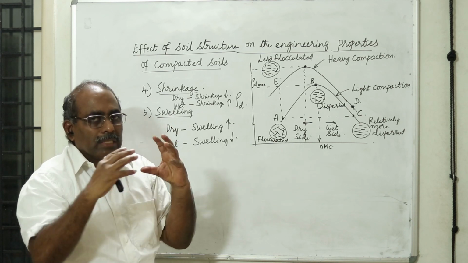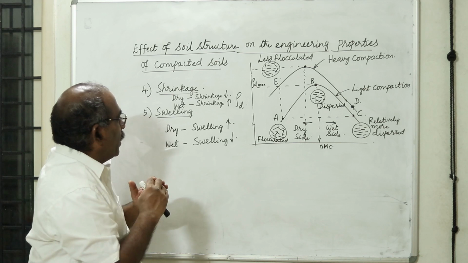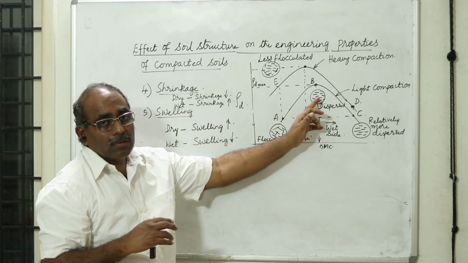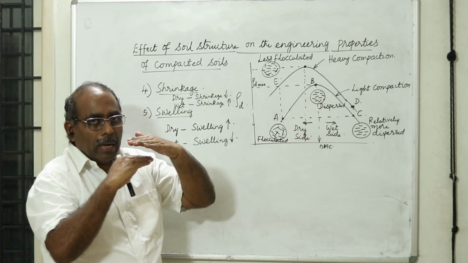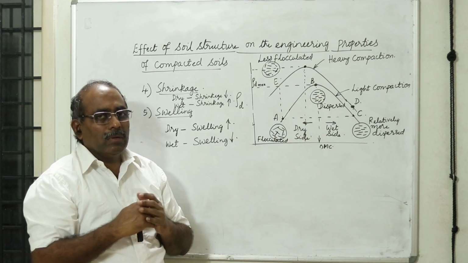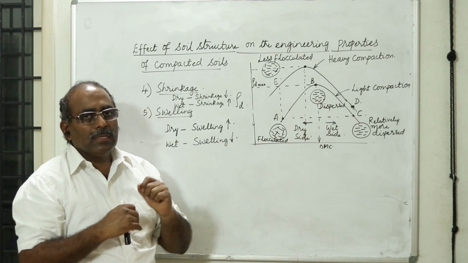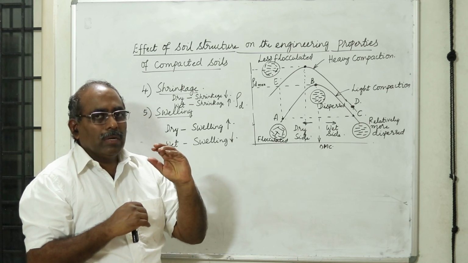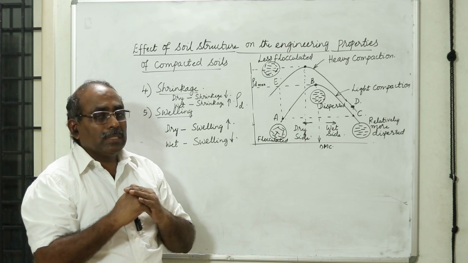Therefore, the water evaporates and it will have a more compact structure. When it comes to the wet side of optimum, the shrinkage is more because it has got more dispersed structure, more parallel elements. You take, say, for example, black cotton soils. The shrinkage limit is very, very low because it shrinks to a very low water content because of the more dispersed structure.